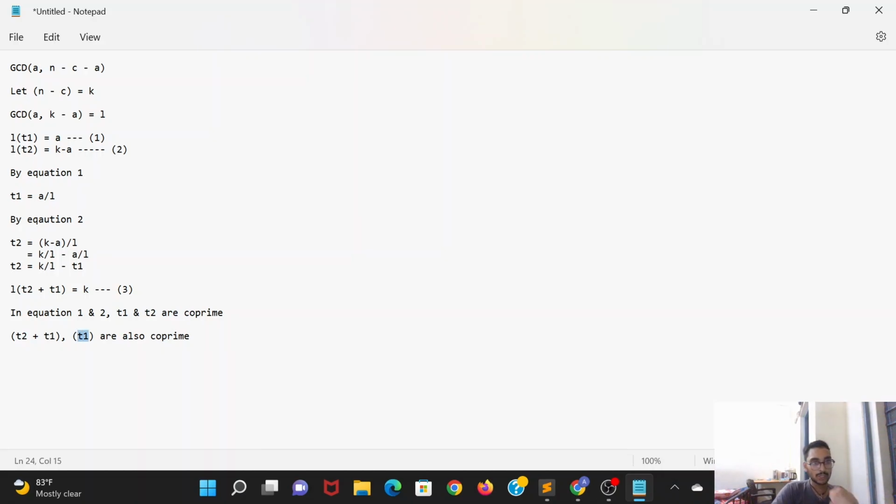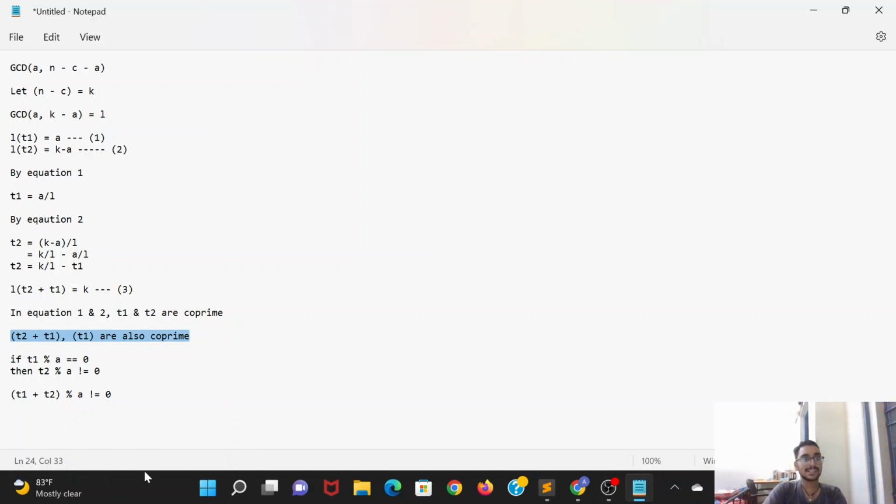So if T1 mod A is equal to 0, then T2 mod A is not 0 for any A not equal to 1, which implies T1 plus T2 mod A is also not equal to 0, which implies T2 plus T1 comma T1 are co-prime.